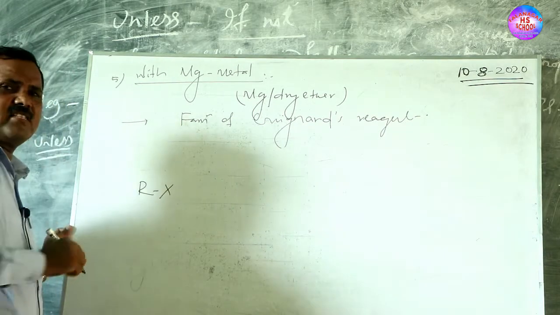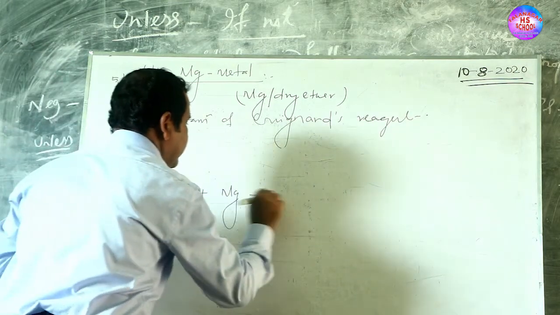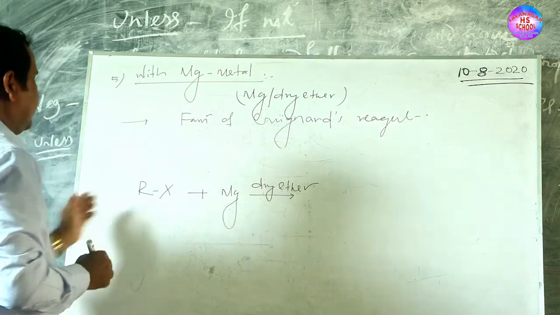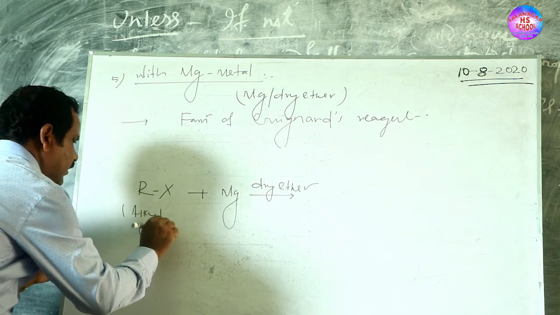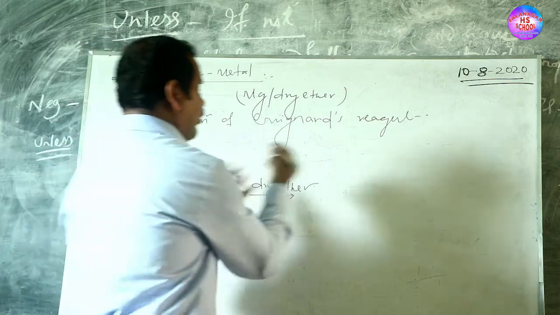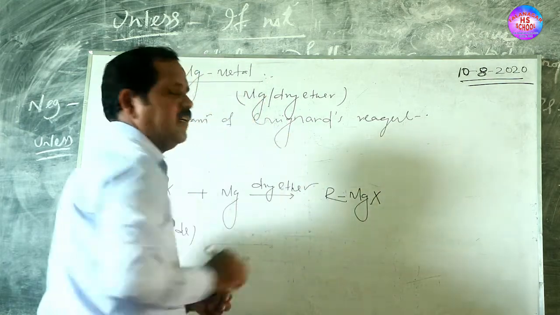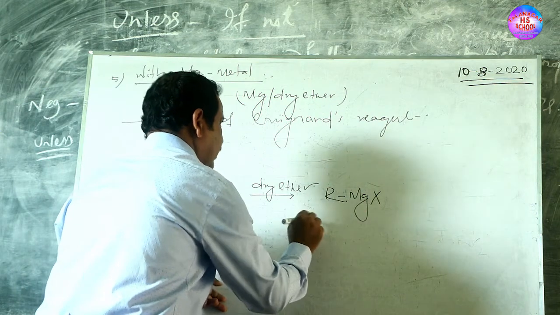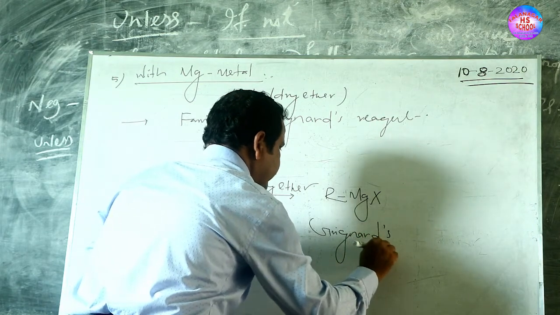Alkyl halide RX plus magnesium metal in presence of dry ether. RX is called alkyl halide. The product will be the addition product R single bond MgX. RMgX is called alkyl magnesium halide or Grignard's reagent.